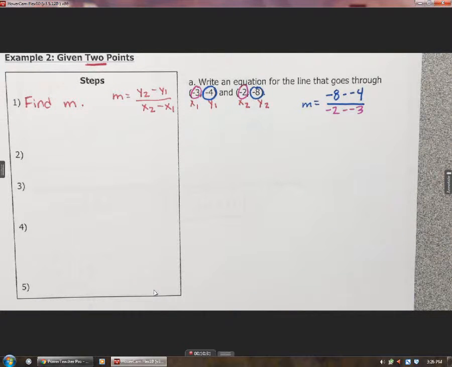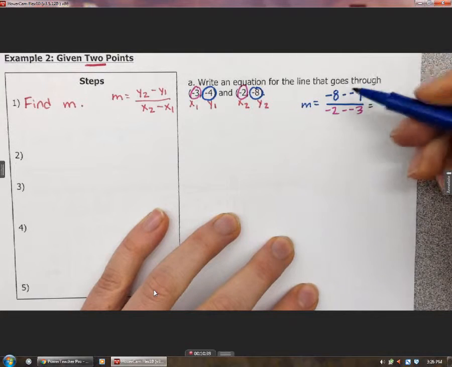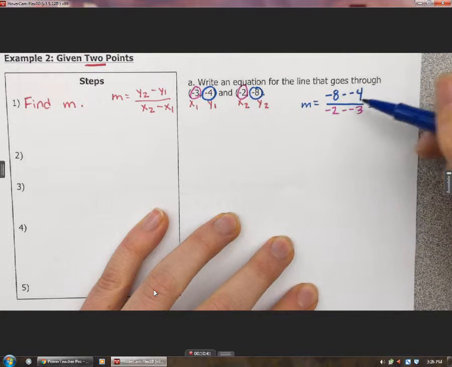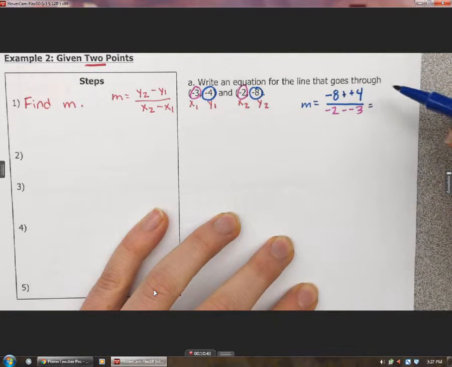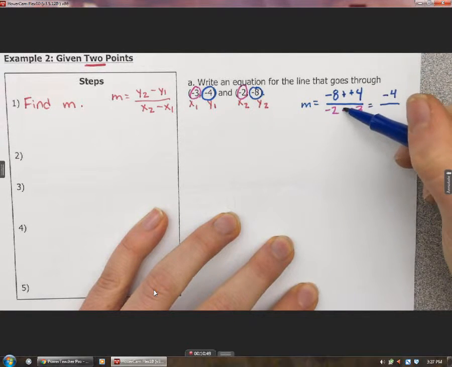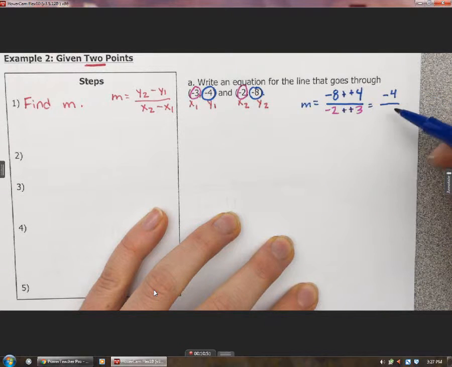Just pausing so you can write that down. Negative 8 minus negative 4. It's like adding a positive, so it's really negative 4 over negative 2 plus 3 is 1, so my slope is negative 4.